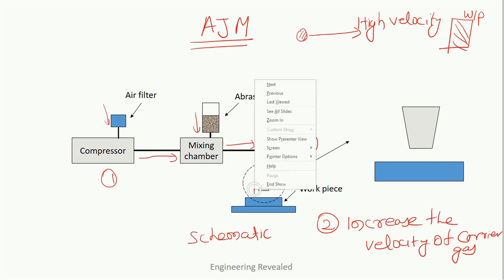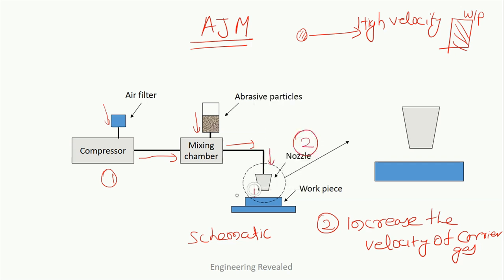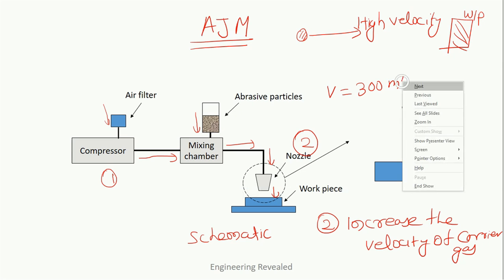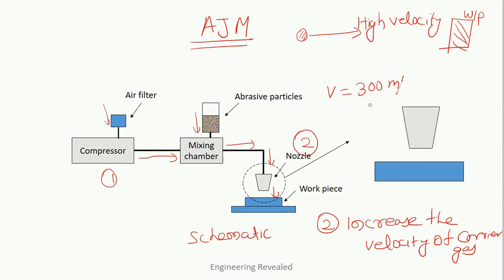The high velocity abrasive particles simply strike the workpiece. The velocity is as high as 300 meters per second. It is a very high velocity. This can damage the workpiece.